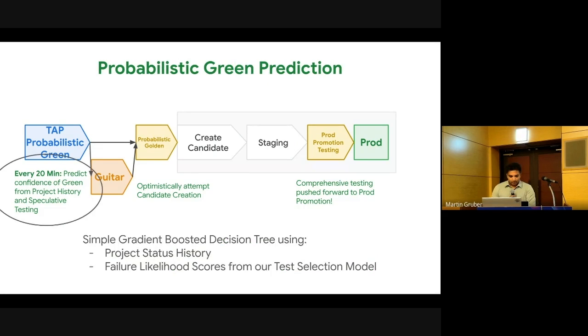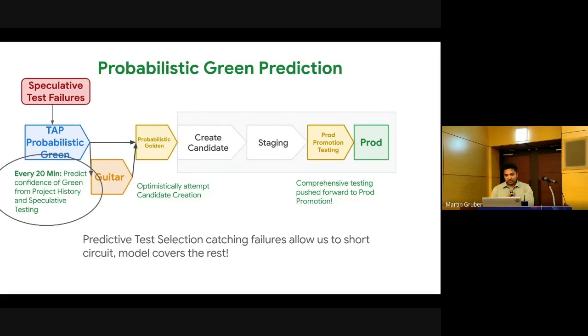So, every 20 minutes, we're going to predict, at a new commit, is your project green? We're using some simple inputs, but the idea is that our test selection algorithm and targets were run at the commit that we're doing this project prediction at.